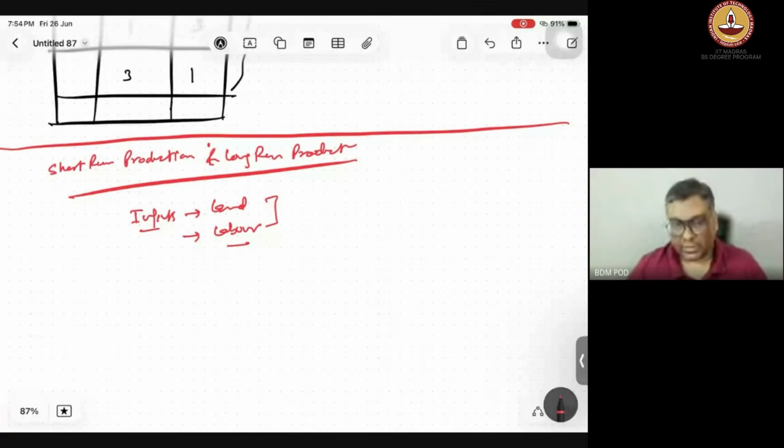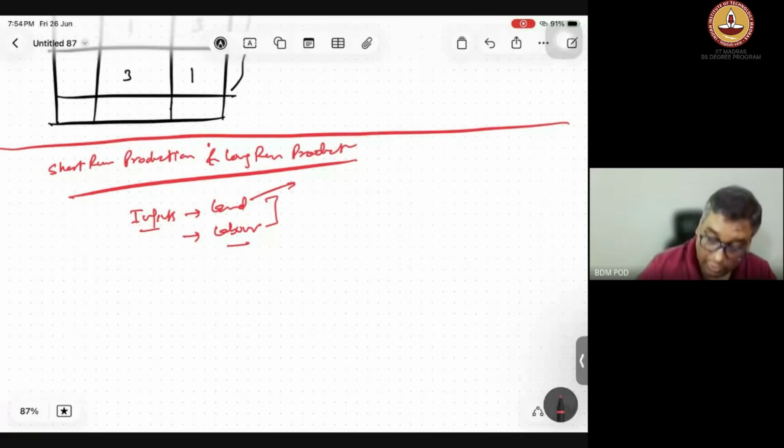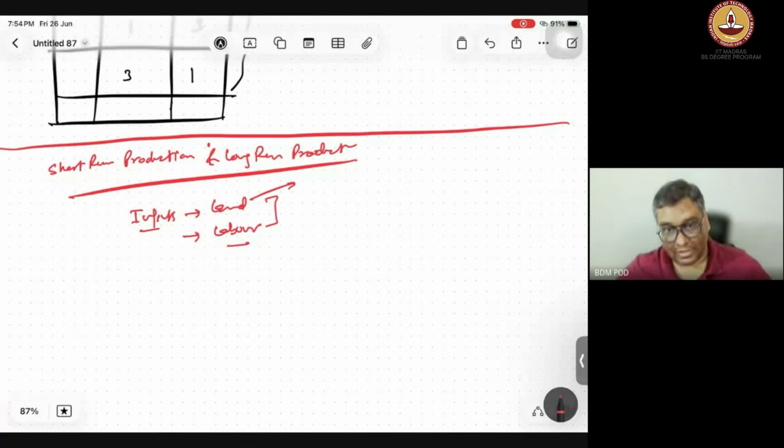If we have only 2 months, that is a short run, because in 2 months we won't be able to change the land. We won't be able to purchase acres of land in 2 months. It's not possible. So when we consider a short run, we fix one variable, which is not possible to change.